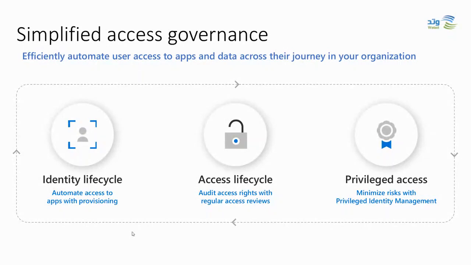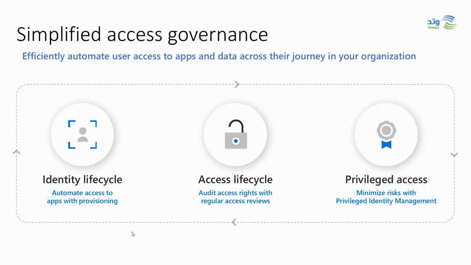But if they want to start doing administrative tasks, then we ask them to elevate their permissions. So by default, a user is not an administrator. What we do is we ask them to go to privileged identity management, and we ask them to elevate their permissions for a period of time that allows them to perform their tasks. So what we're doing is working with the premise that people only have the access to things that they require at the time. And we work with the least, we give users the least privilege they need to do their work.